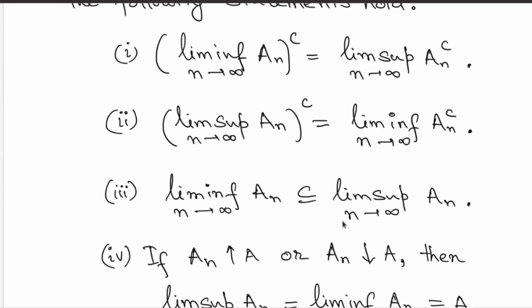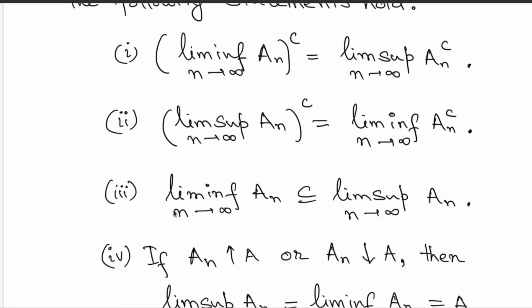Now in the real line, when you define limit inferior and limit superior of a sequence of real numbers, you had this property that limit inferior was less than or equal to limit superior. For sets, that notion simply becomes a notion of subset.